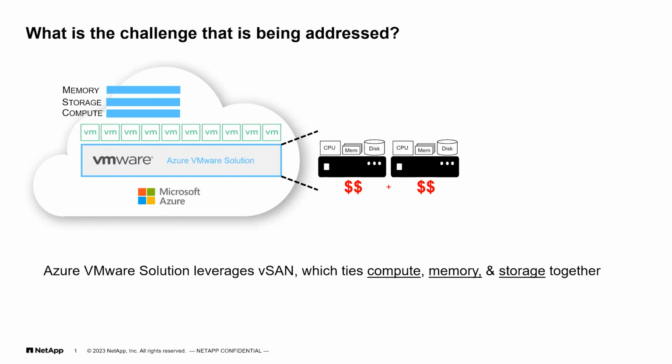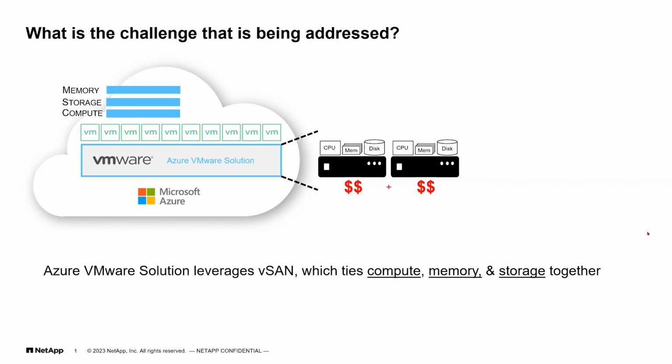If those are in line together and grow uniformly, that's a great answer, right? It meets all of our needs. But what we find with most customers is they tend to be heavy in one area or another, and it introduces a significant problem, particularly around storage.